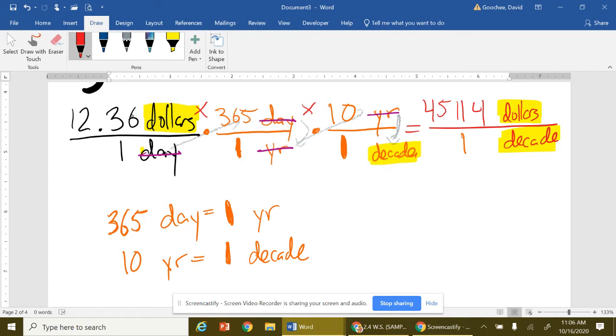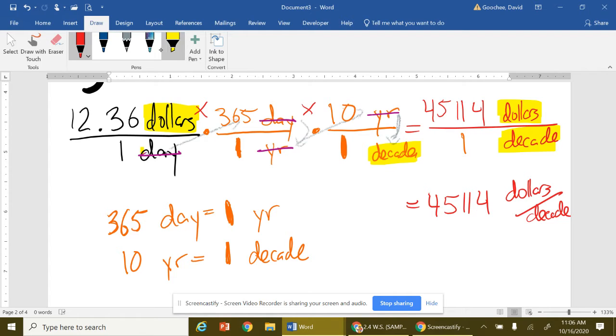Divided by 1, it's just the same thing, but watch the units. Dollars per decade. 45,114 dollars per decade. Look, the units are literally just dollars divided by decades. That's it. Dollars per decade.